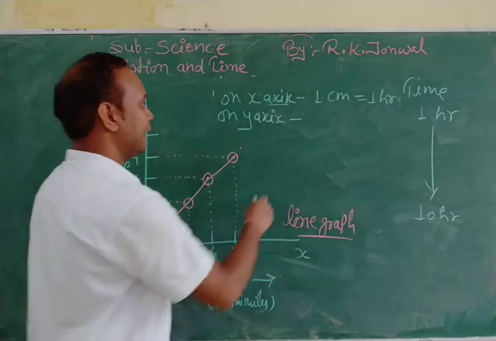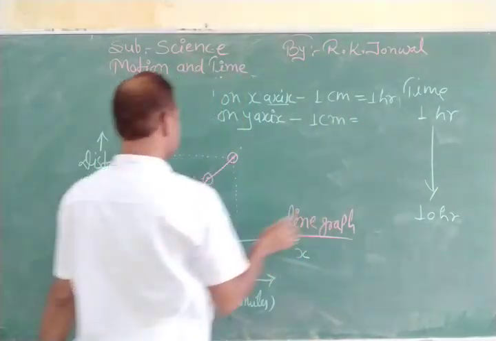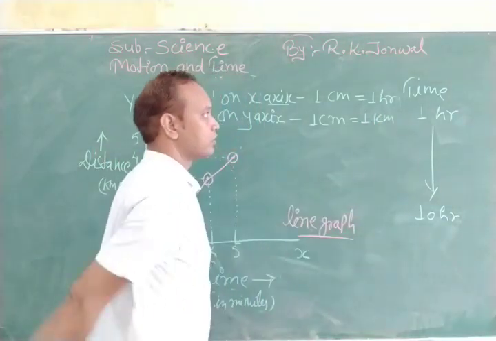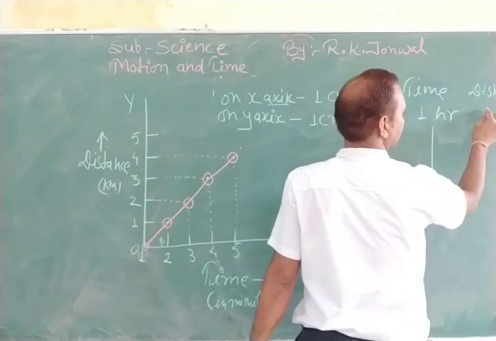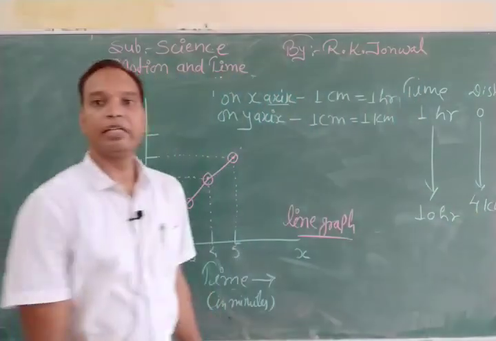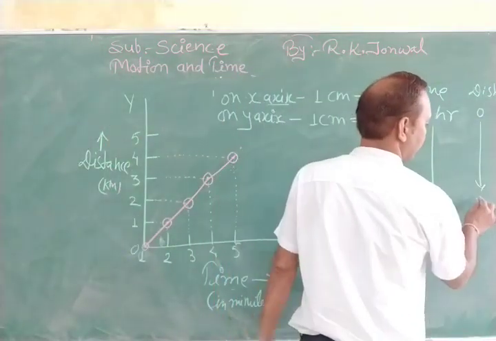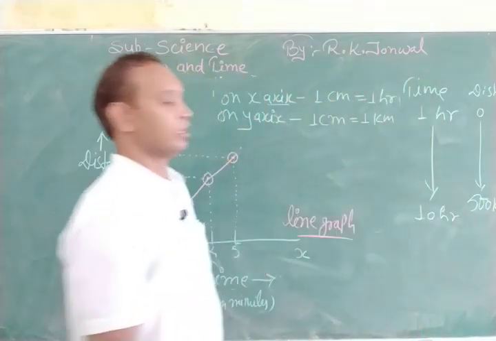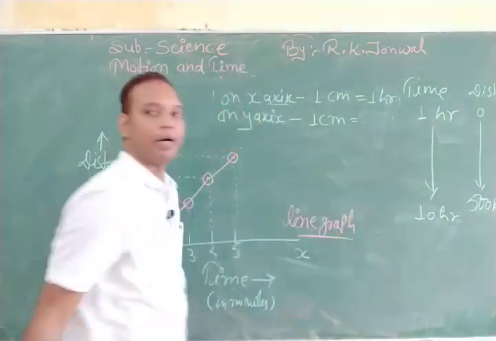Okay. On the y-axis, we also take the same value, 1 centimeter in this graph. 1 centimeter is equal to 1 kilometer, because our distance is 0 to 4 kilometer. That is a very small quantity. Okay. If our distance is given as 0 to 500 kilometer, then we should take a larger value of kilometer on the y-axis.